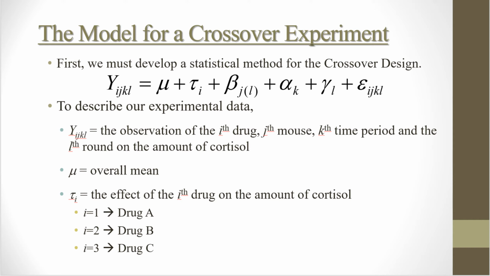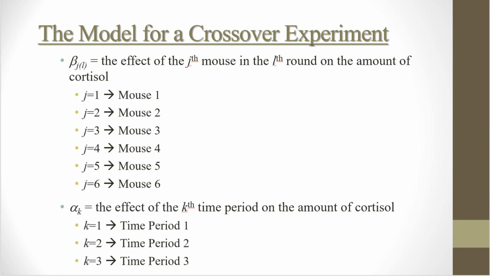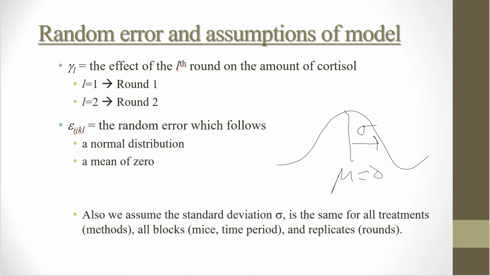Mu is the overall mean, tau_i is the effect of the ith drug on the amount of cortisol, beta_j nested in l is the effect of the jth mouse in the lth round on the amount of cortisol, alpha_k is the effect of the kth time period on the amount of cortisol, gamma_l is the effect of the lth round on the amount of cortisol, and epsilon_ijkl is a random error which follows a normal distribution with a mean of 0 and an unknown standard deviation of sigma.